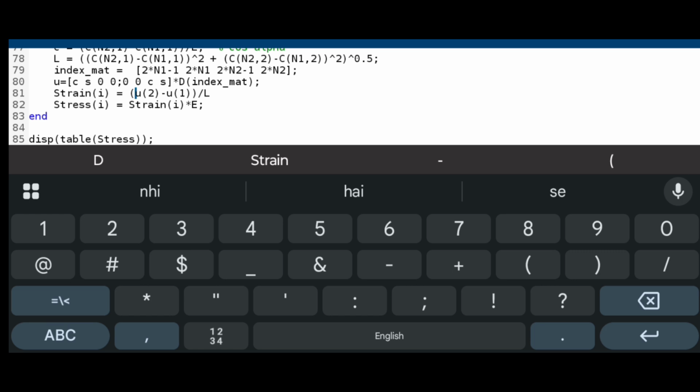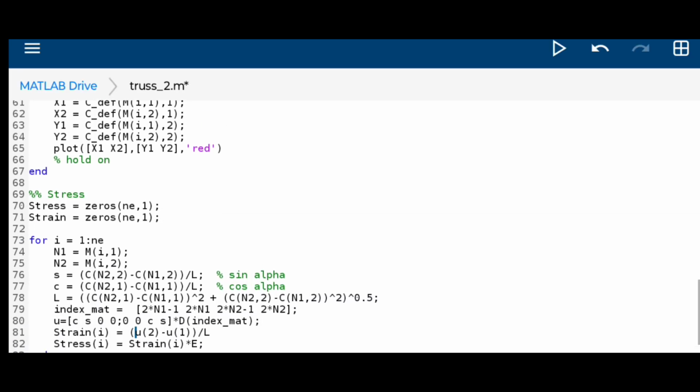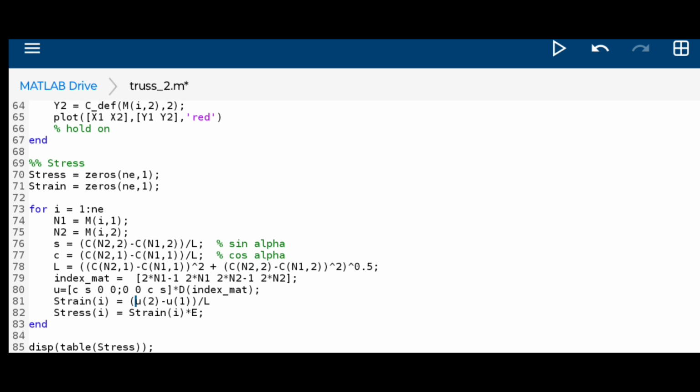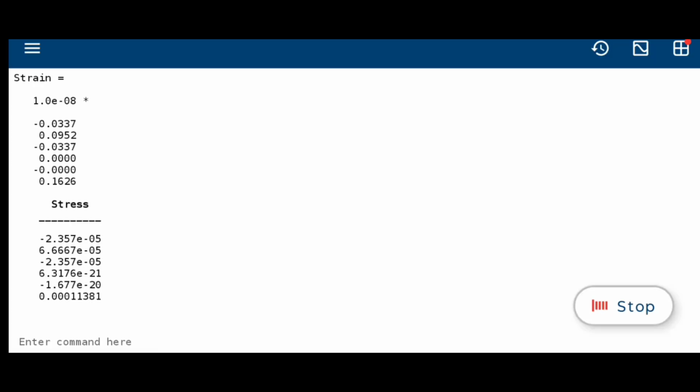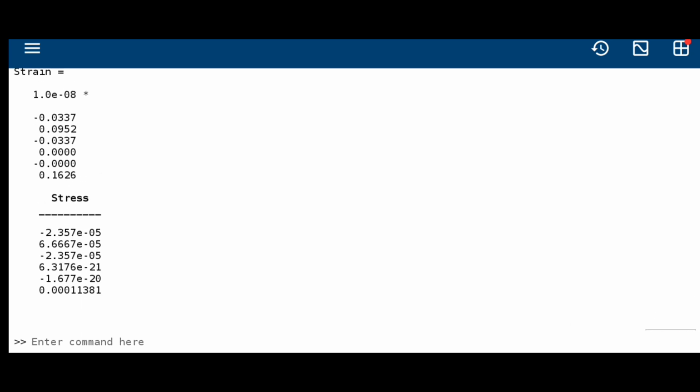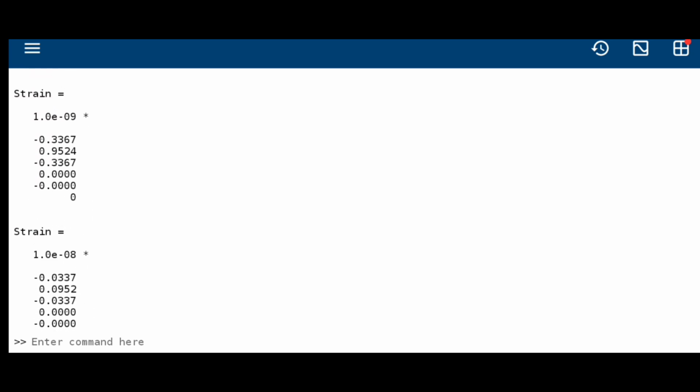So this will give us the strain, and then the stress. Similarly, stress is equal to strain into Young's modulus, and we will get these values. Okay, let me run this. So we got these stress and strain values, which are quite good for the problem.